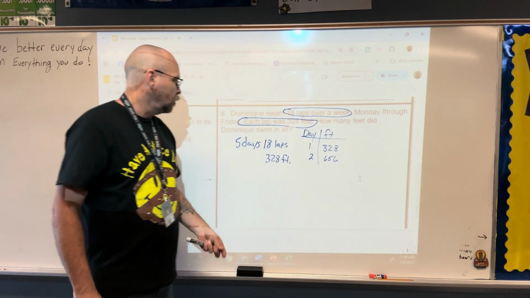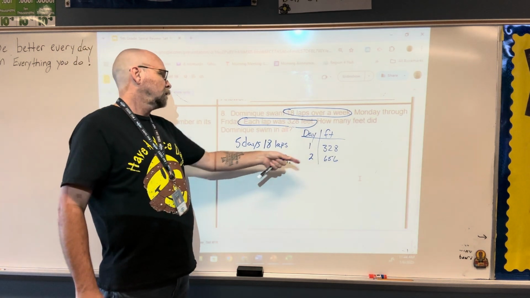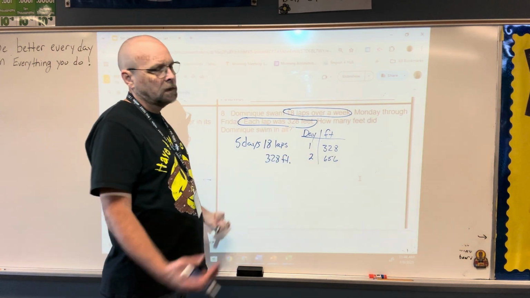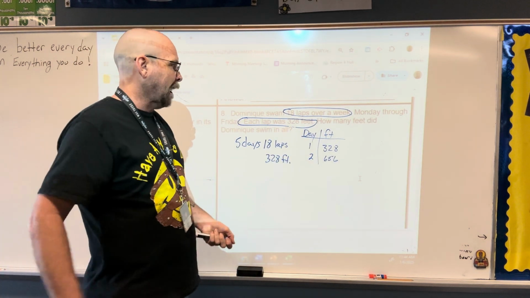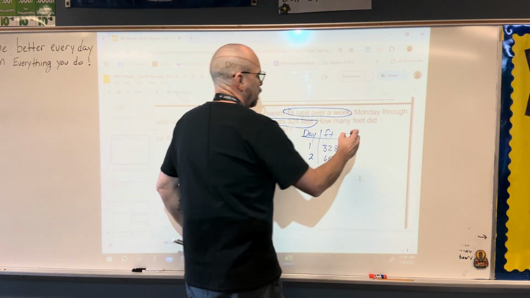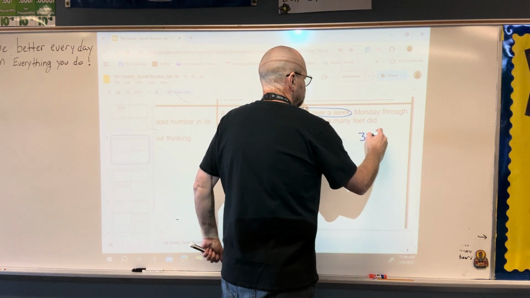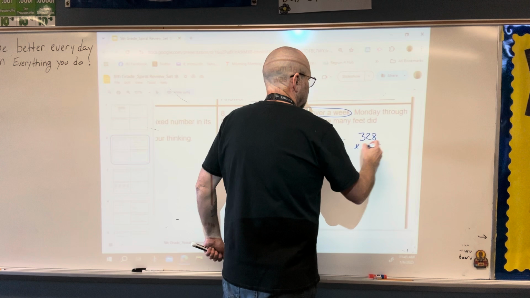And I could keep going all the way down to 5 days. Because I like to multiply, it's easier than adding 5 numbers together. I would do 328 times 5.